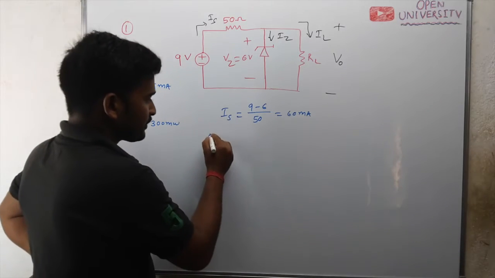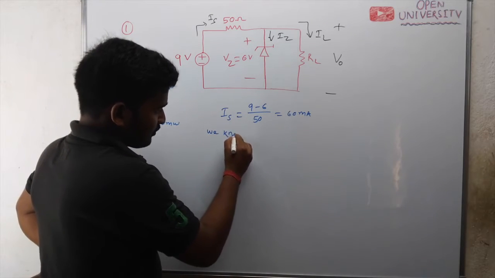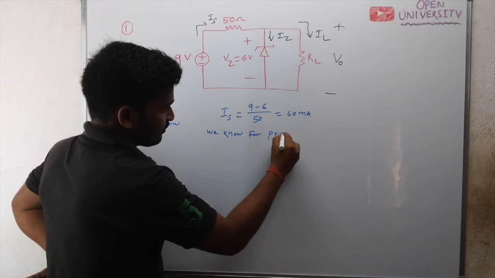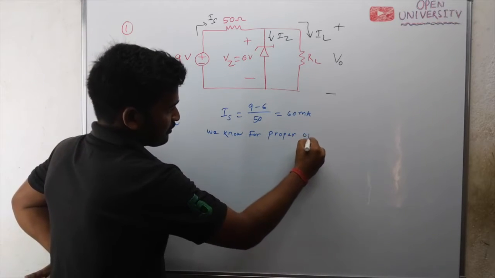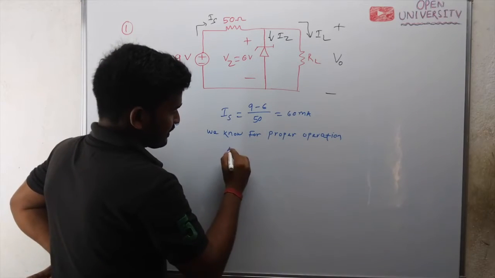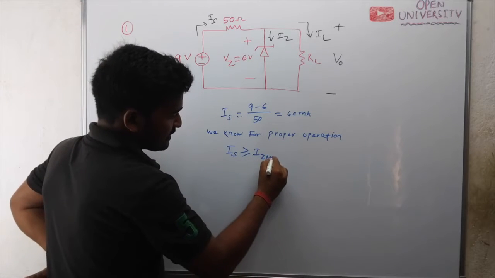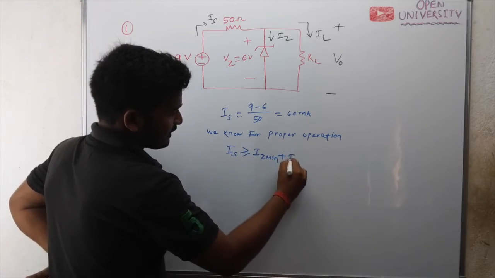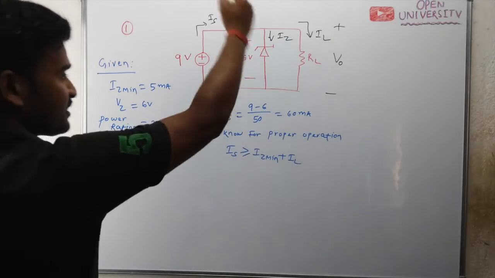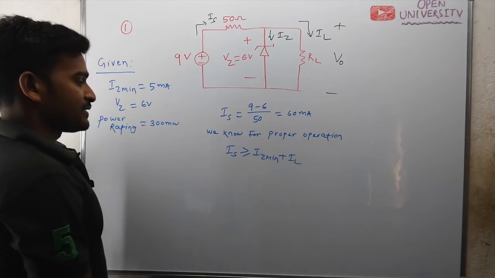And we know that for proper operation of this circuit, IS should be greater than or equal to IZ min plus IL.